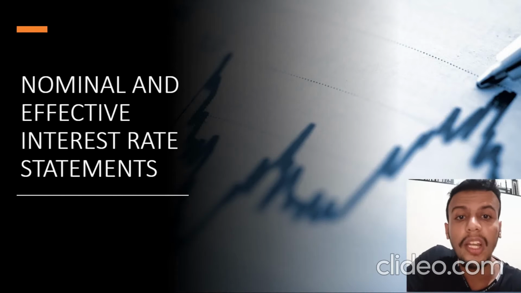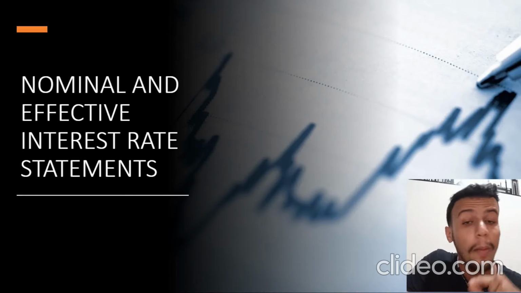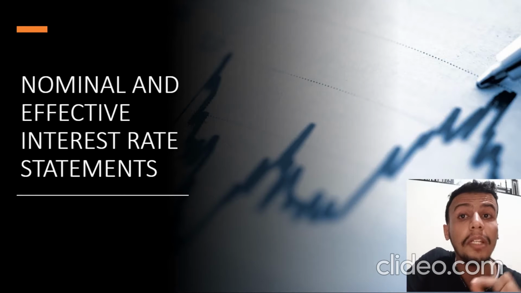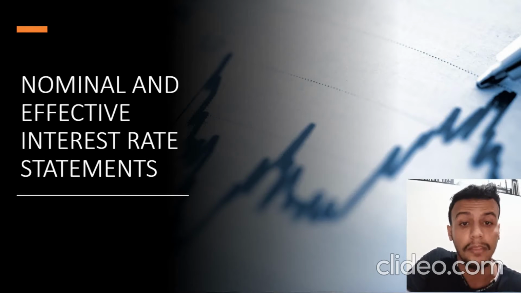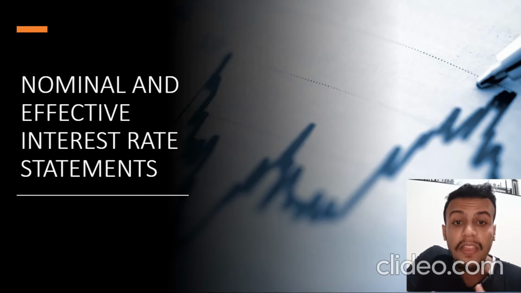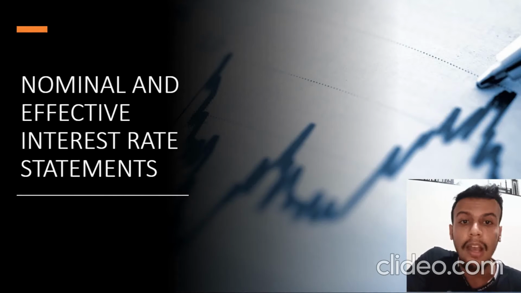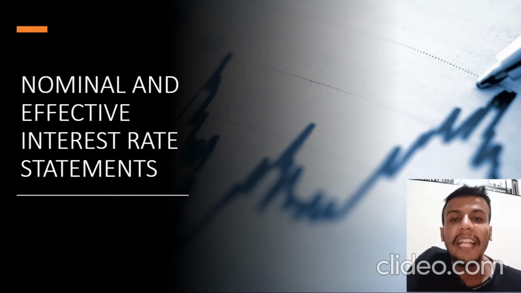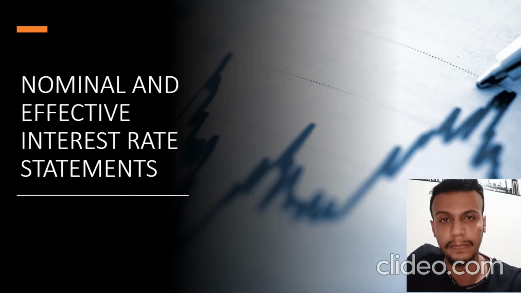The first point we're going to talk about is the nominal and effective interest rate statement. It covers the data of the nominal interest rate, its definition, and what the benefit from it is.